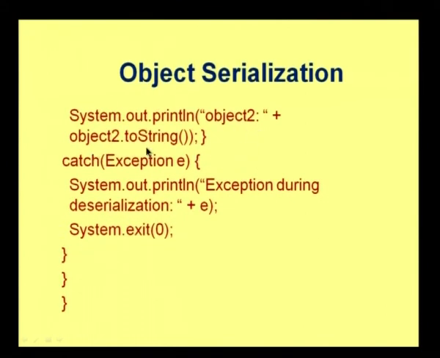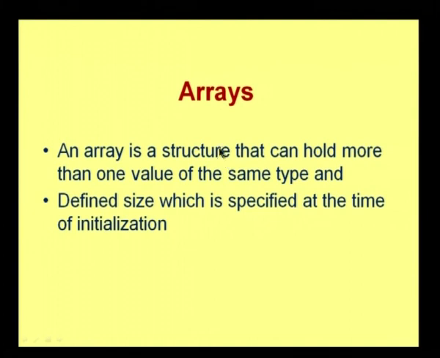Then I am calling the toString method, which we have implemented to print all the state of your object. And whenever you have an exception, it could be raised during your serialization process or your deserialization process. So next we will look into what is an array.